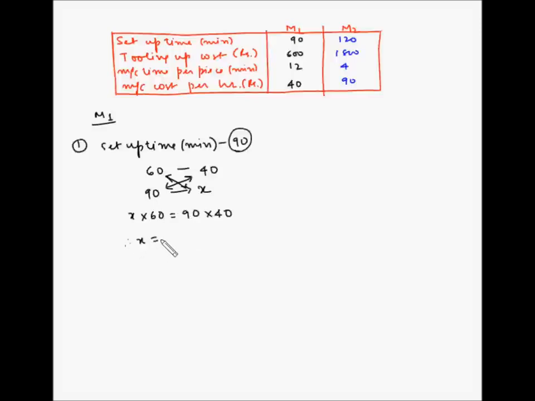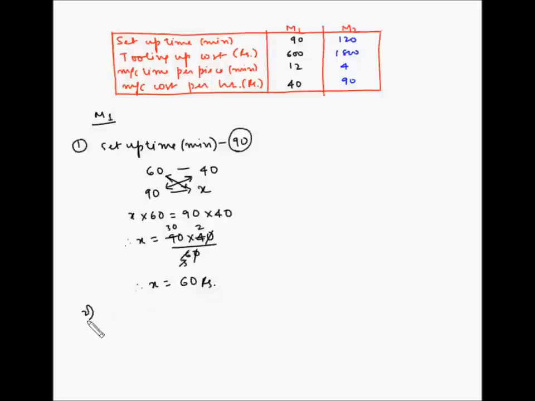Therefore x is equal to 90 multiplied by 40 divided by 60. So 0 cancels with 0. 2 3s are 6, 2 2s are 4, 3 1s are 3, 3 3s are 9. Therefore x is equal to 30 multiplied by 2, which is 60 rupees.